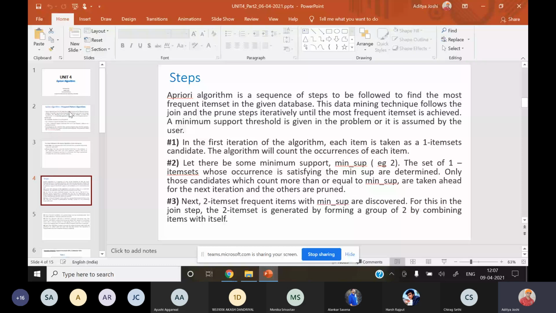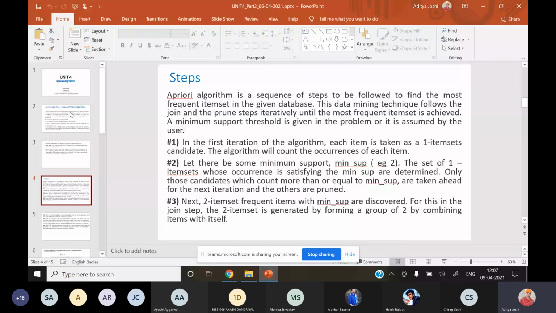The first step in the Apriori algorithm is the first iteration of the algorithm. We will take each item in that, so it is taken as a one-item set candidate. We will count the occurrence of each item in the first step. In the second step, we will have some minimum support, for example minimum support 2.